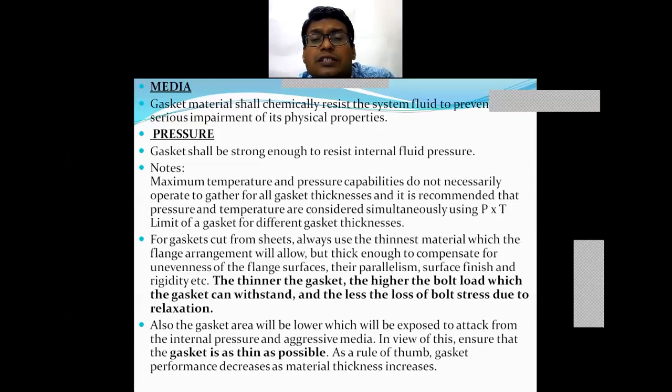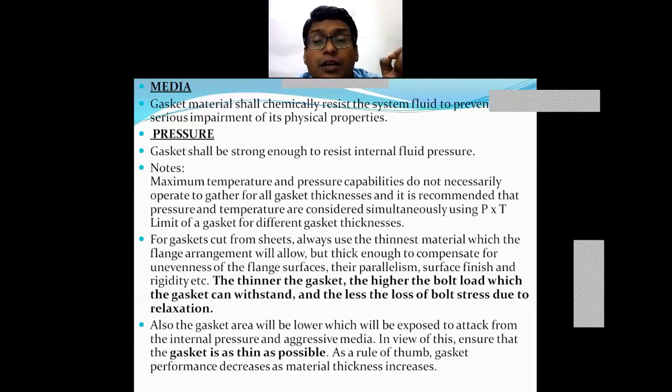So, the limits of the gasket for different gasket thicknesses. Now what should be the gasket thickness? In general, the gasket should be of minimum thickness. So the minimum thickness gasket should be preferred. For gaskets cut from the sheet, always use the thinnest material which the flange arrangement will allow, but thick enough to compensate for unevenness of the flange surfaces.